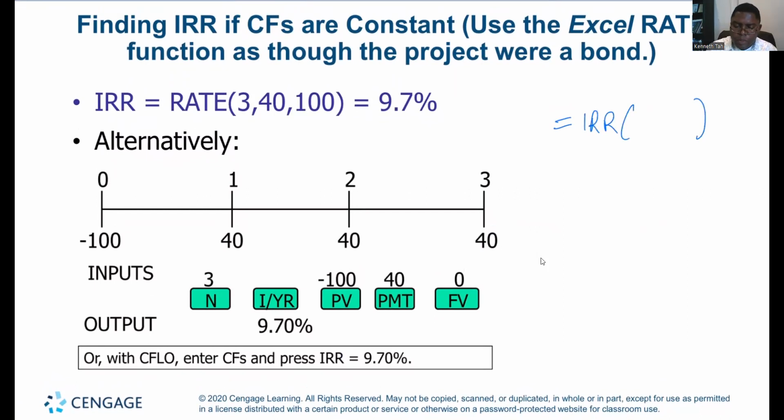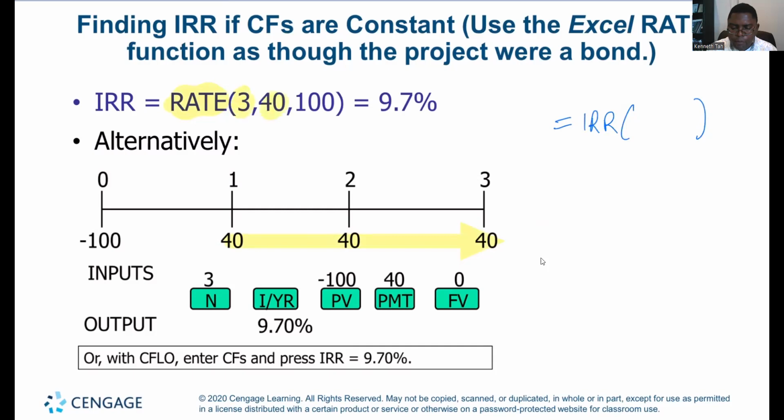We can also use a function in Excel that is called rate. That is if and only if we see these amounts are the same. In that case, if we are using rate, this 3-year represents that we have 40, 40, 40, they are the same, coming in 3 times.